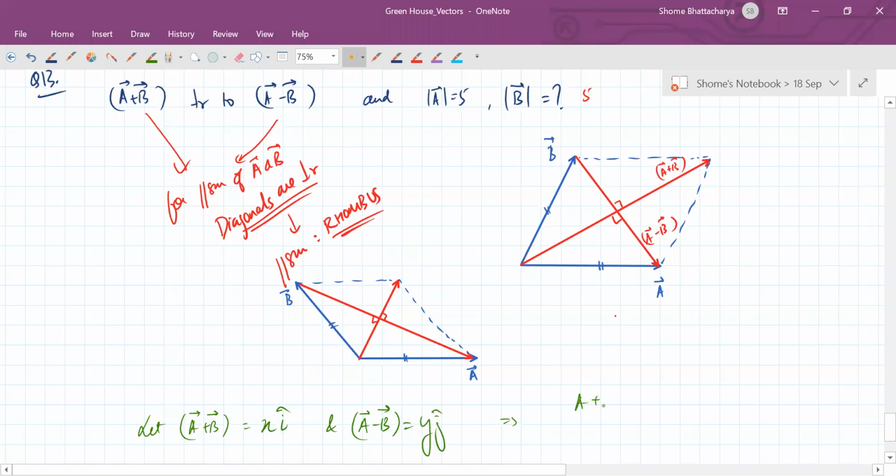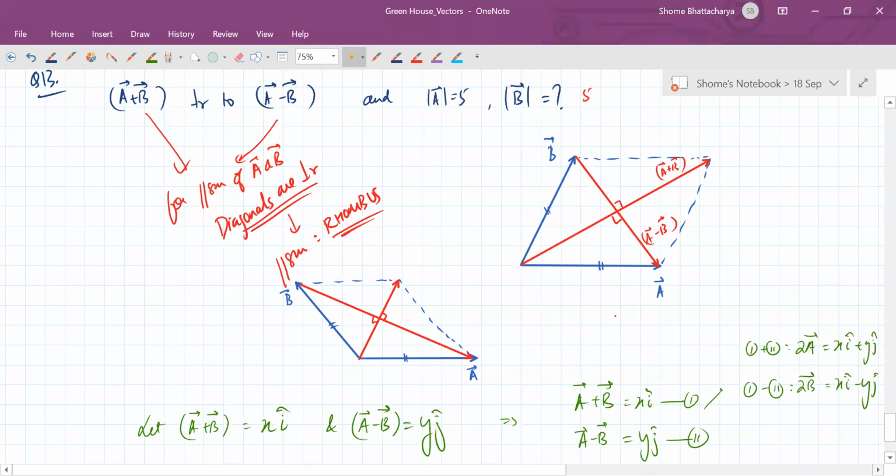So now if these equations are added, you'll get the value of 2A, and if they are subtracted, you'll get the value of 2B. So from this, if you now do equation 1 plus equation 2, you'll get 2A is equal to x i cap plus y j cap. And if you do equation 1 minus equation 2, you'll see that 2B is equal to x i cap minus y j cap.